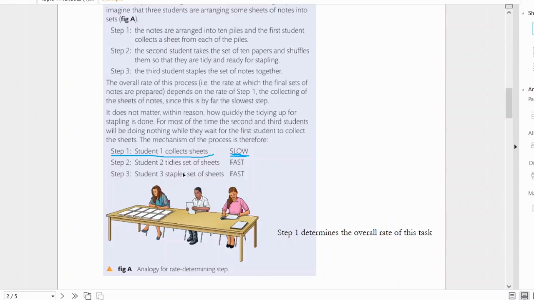So no matter how intentionally we carry out these 2 steps, how fast or slow, they can never be as slow as step 1, that is collecting the scattered paper. So if I ask you, in the task that the students are carrying out, what is this one thing that is determining the overall rate of this task? Step 1 determines the overall rate of this task because it is the slowest.